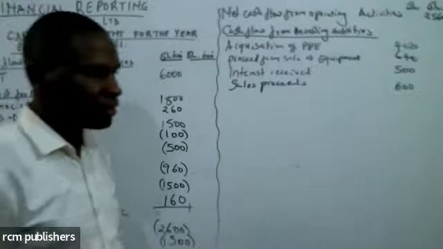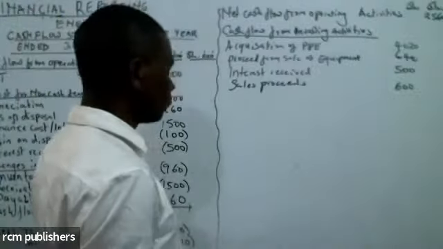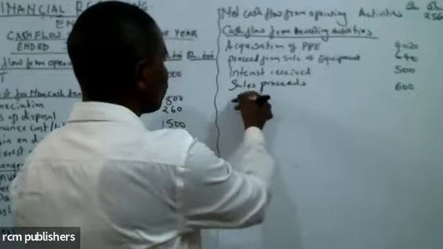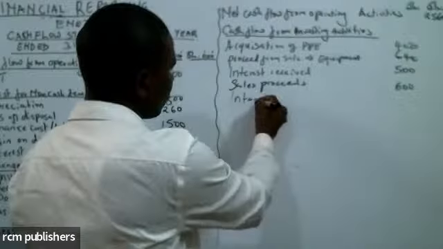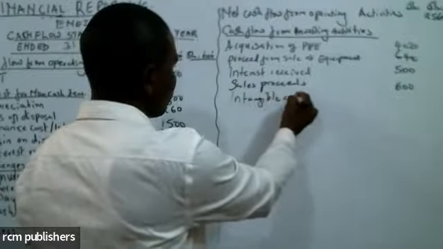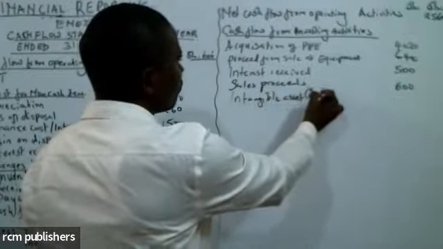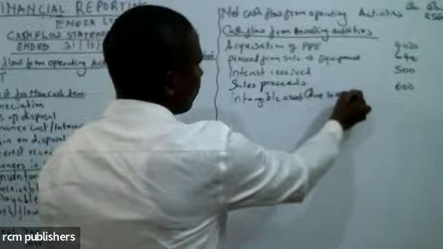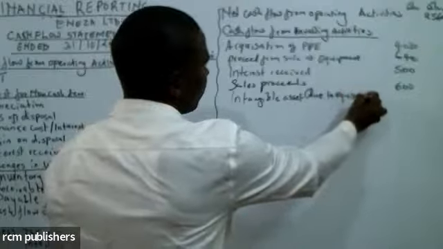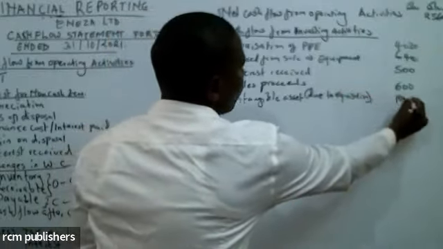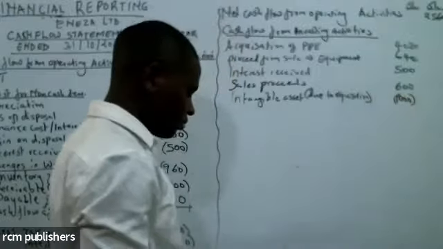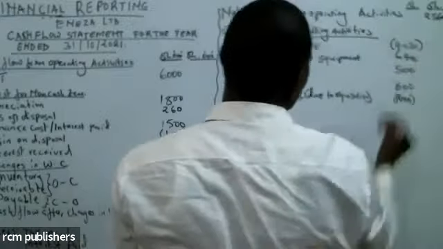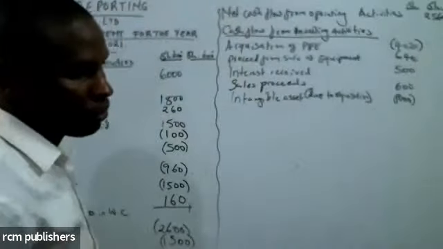So pesa ikafanya nini? Ka reduce, intangible asset due to acquisition. Wali acquire 1,000. That one will reduce our what? That one will reduce. Don't forget that this one is also an outflow.